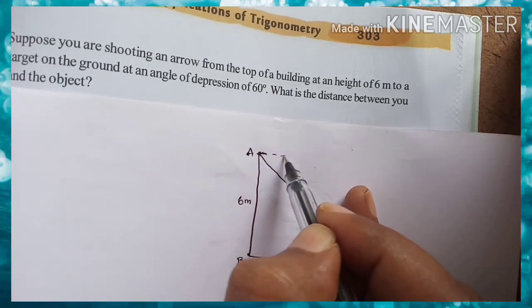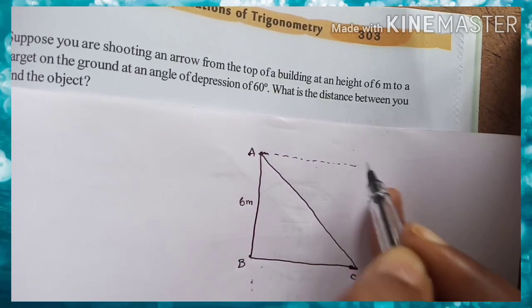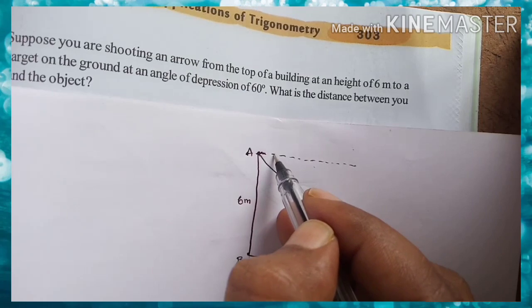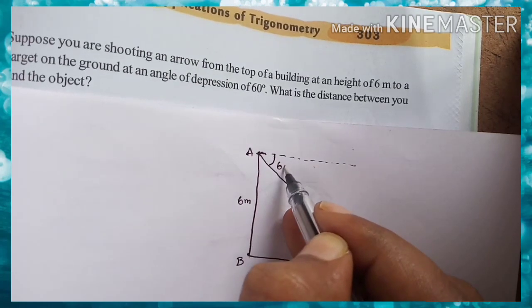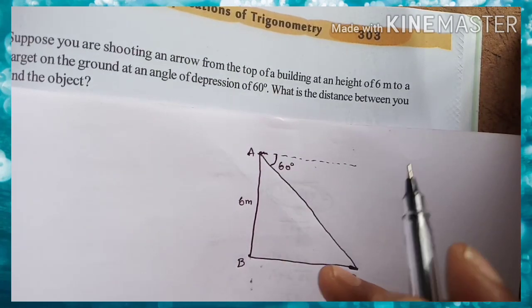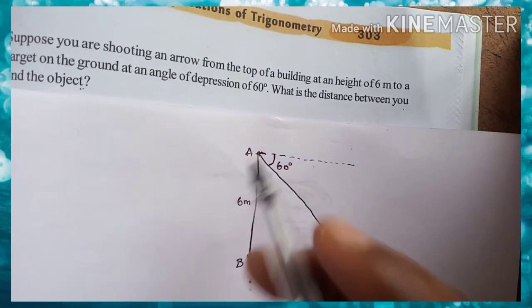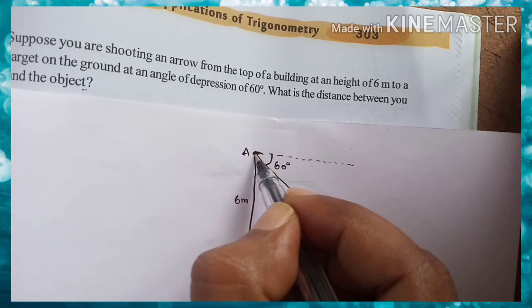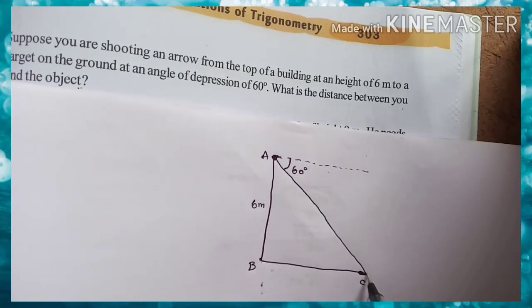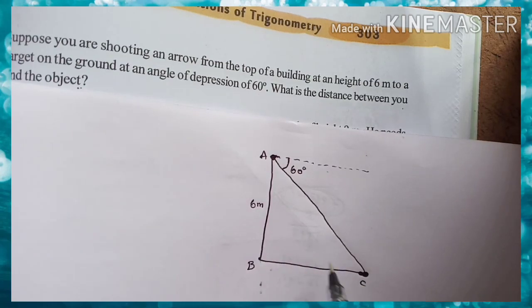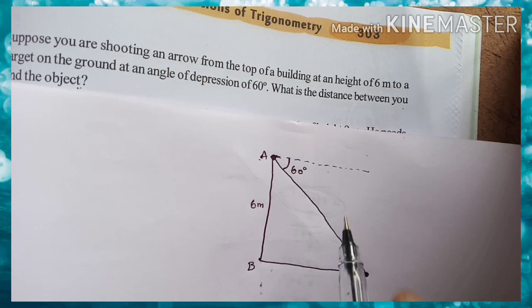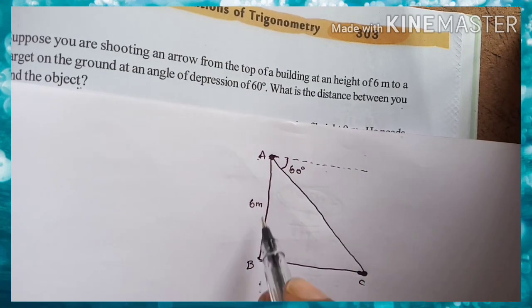Angle of depression means we first have to draw a horizontal line, and the angle of depression here you have to consider as 60 degrees. Then what is the distance between you and the object? You are at position point A and the object is at C. We have to find the distance between you and the object. Here the height of the building is 6 meters.